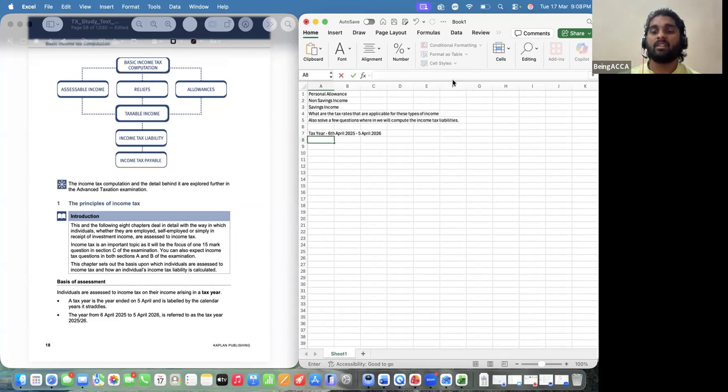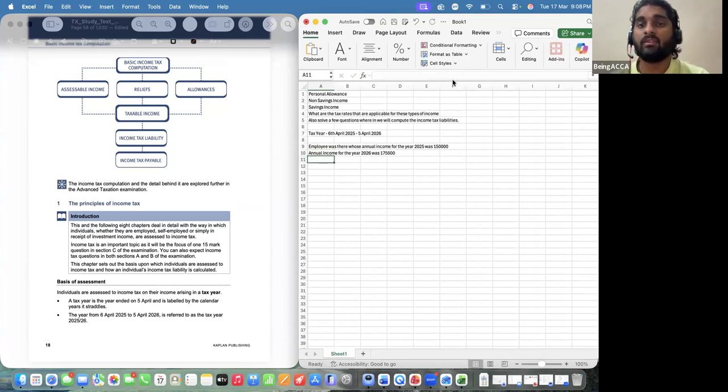Which means, let's say an employee whose annual income for the year 2025 was 150,000, and for the year 2026 was 175,000. What do you think we should take? Should we take 150,000 or 175,000?